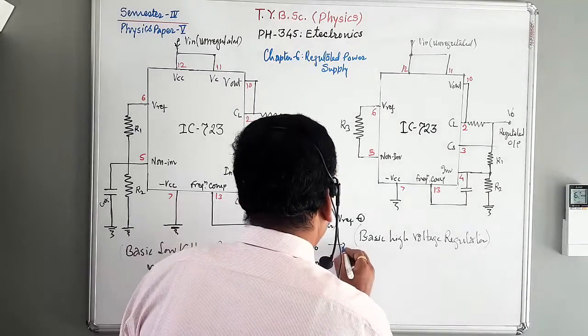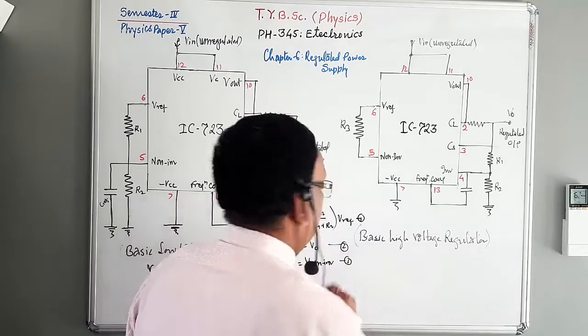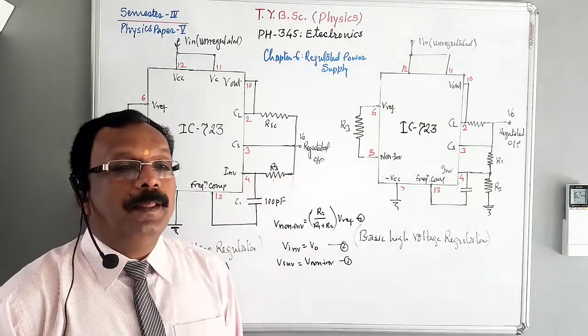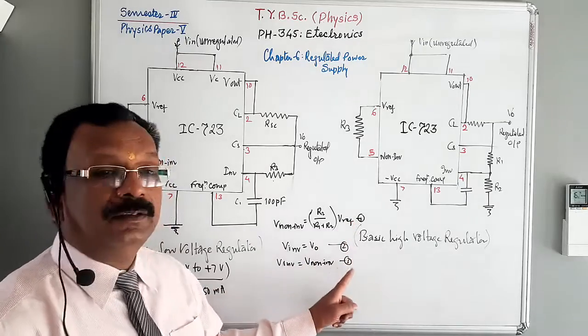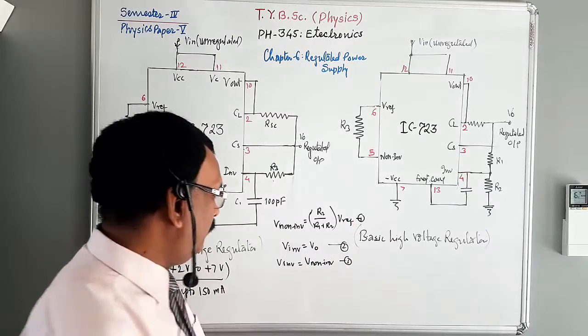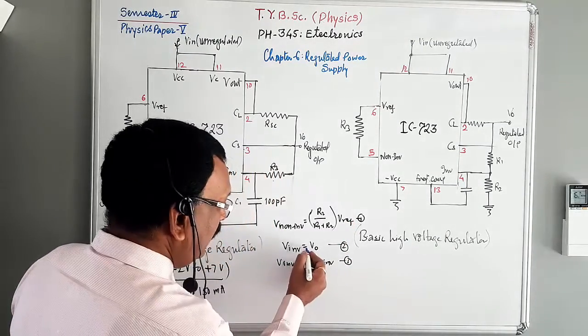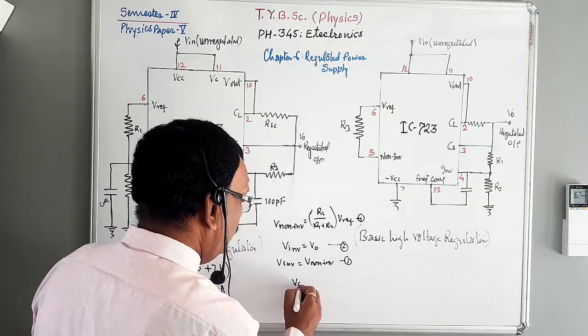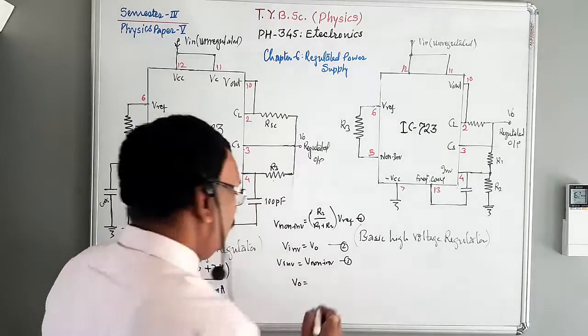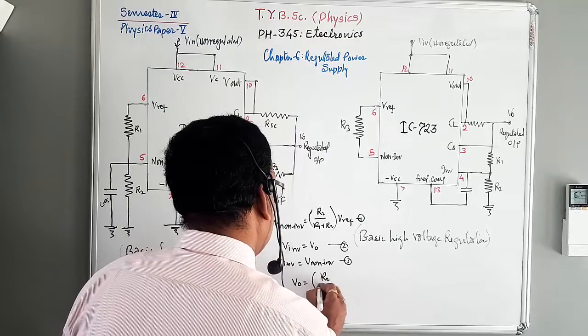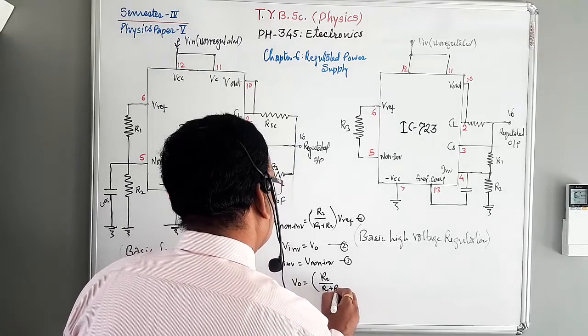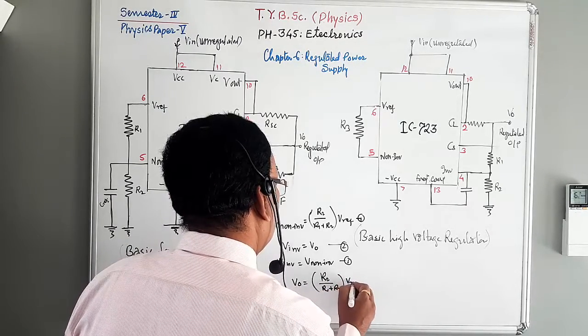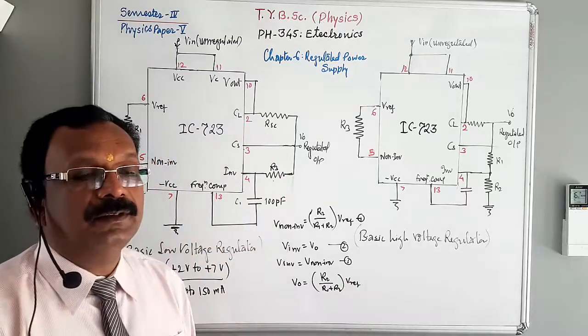Suppose this is equation 2 and this is equation 3. From equations 1, 2 and 3, we have V0 equal to R2 upon R1 plus R2 into V reference.